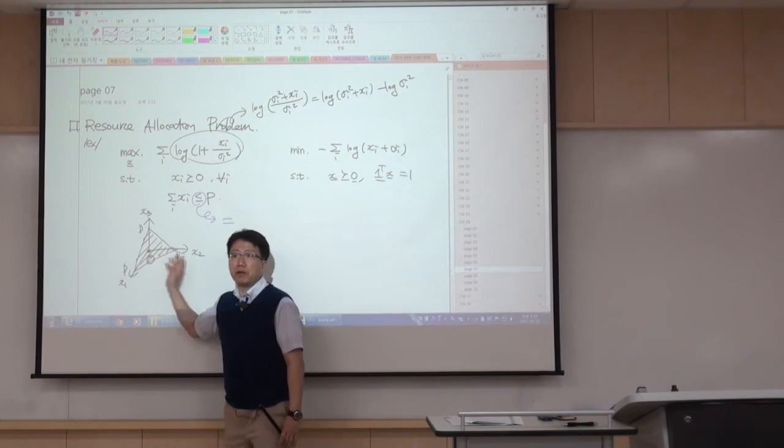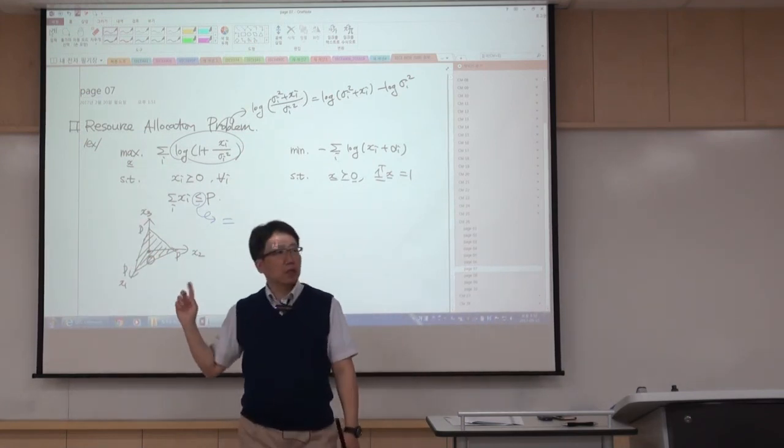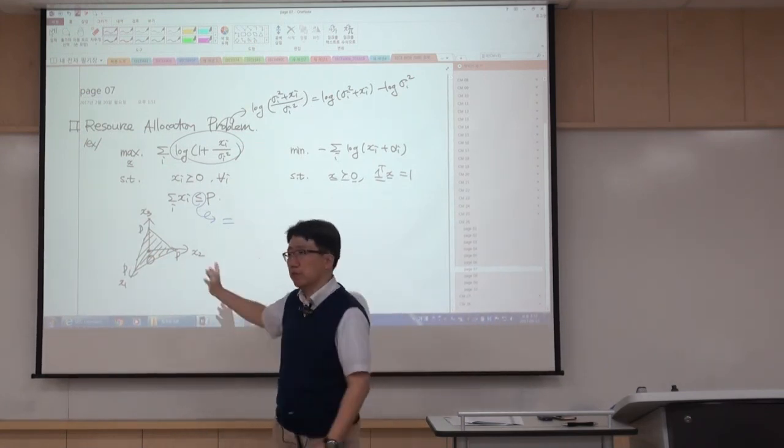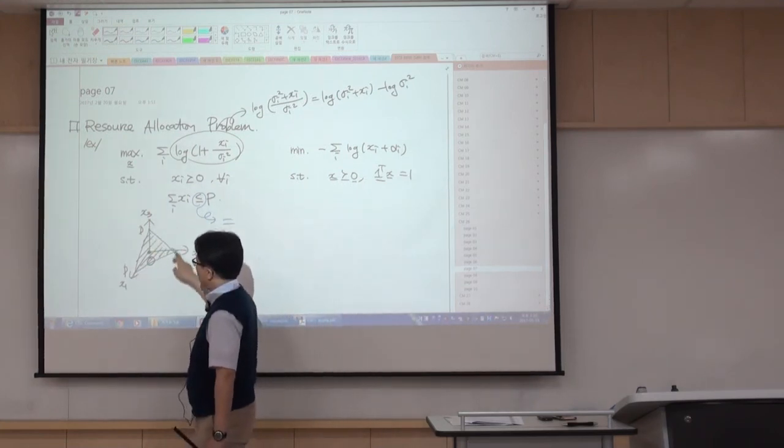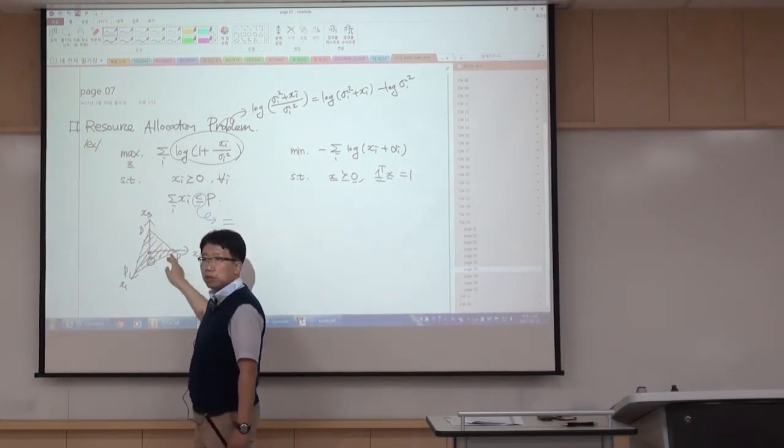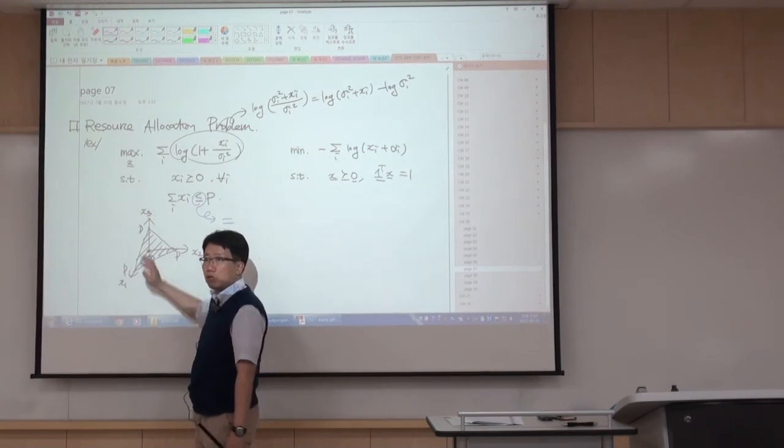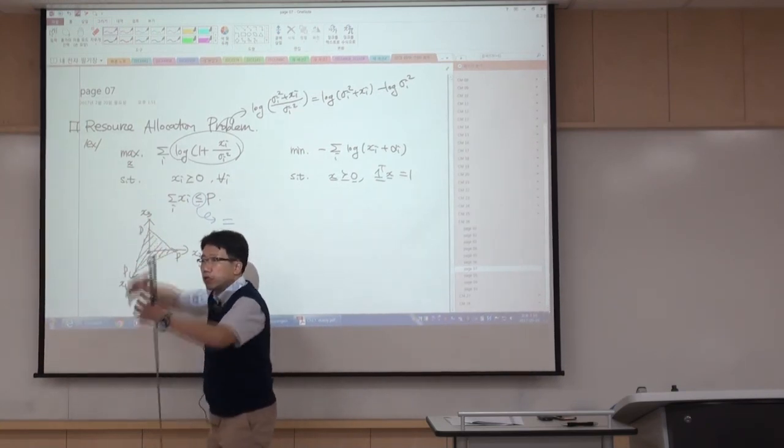It is different from the probability simplex, right? It's not a simplex actually. You have one simplex and another one, another one, another one. In the three-dimensional case, you have four simplexes and it's inside.